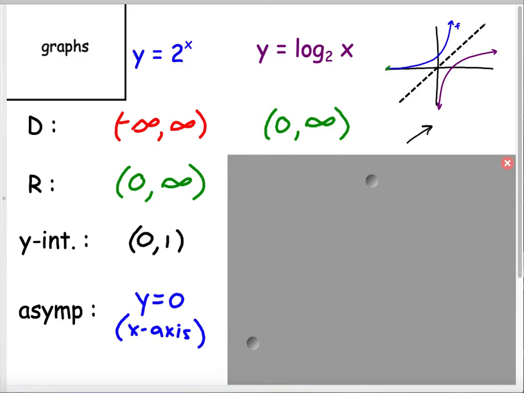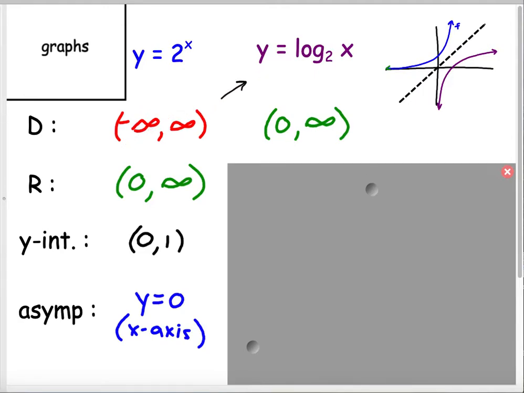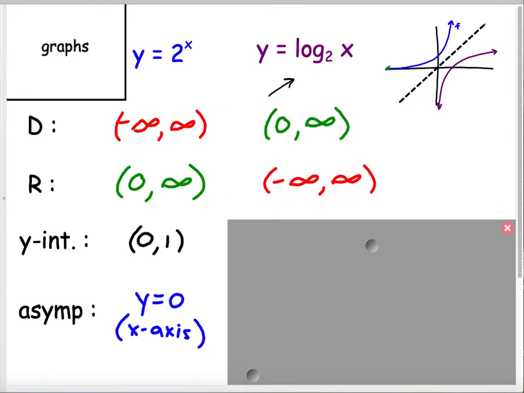And then the range for my log graph is going to be the same as the domain for its inverse, so that's going to be all real numbers. You can see for this purple graph, it goes from negative infinity to positive infinity. This does look like it's leveling out, but it just keeps going up and up and up, at a very slow rate. So the range is all real numbers.